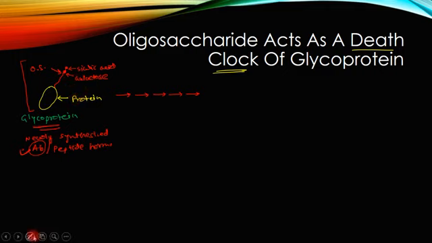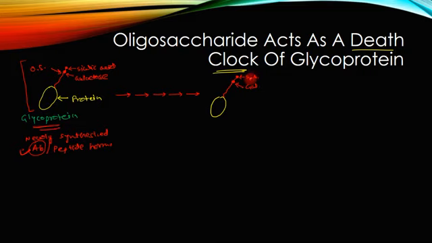At that time, what happens to this terminal sialic acid? Let me first draw the protein part and its oligosaccharide chain. So this is the terminal sialic acid and beneath it is galactose.